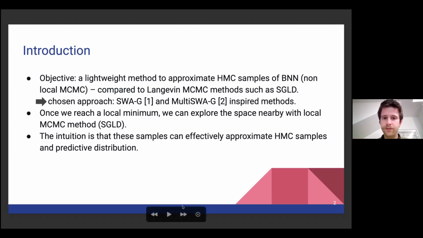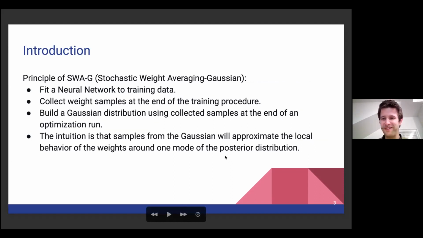So to present quickly the SWAG framework, and I know Pavel will interrupt me if I say something wrong at some point. The general idea is to fit some neural network to the data, and at the end of the training procedure, start collecting some weight samples, and on those collected weight samples, when the points seem to have reached some kind of local minima, build a Gaussian distribution, which is defined by its mean and its variance, to approximate what's going to happen in the mode of the posterior we're trying to approximate.